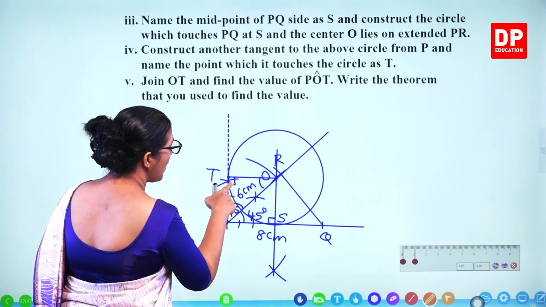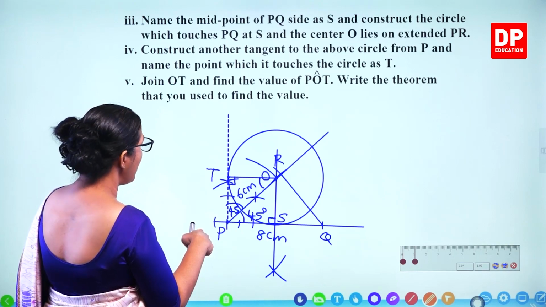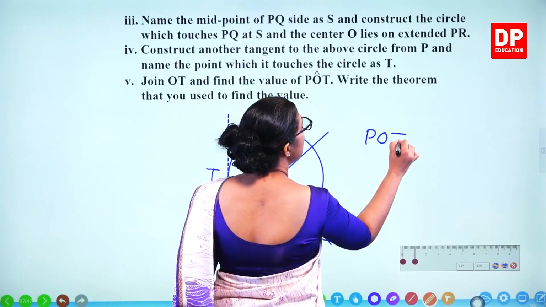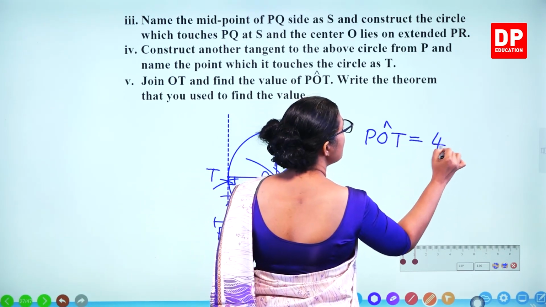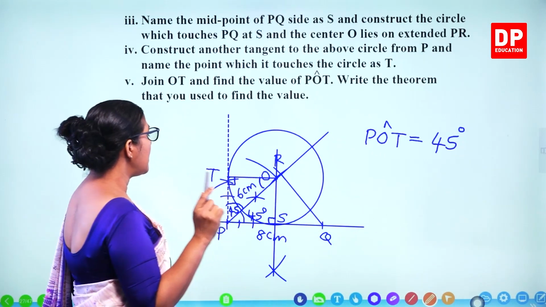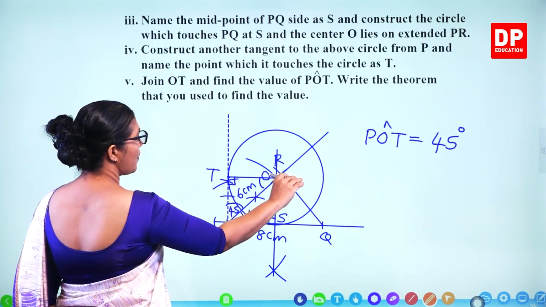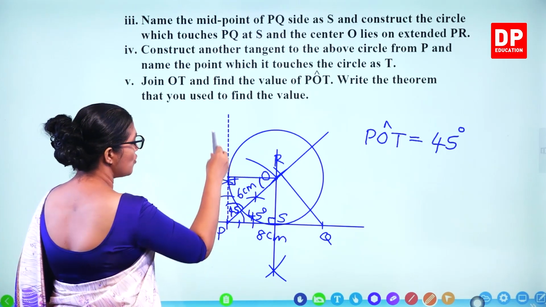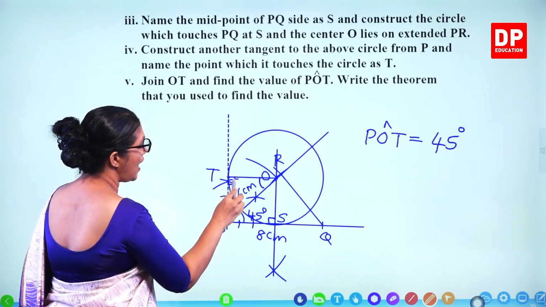If this is 45, this is 90. So POT angle is equal to 45 degrees. And they are asking what's the theorem we used? So we used the radius is perpendicular to the tangent. That's why this is 90.